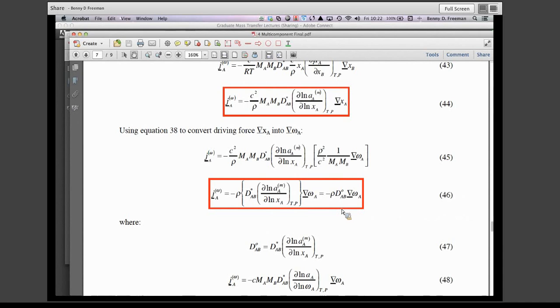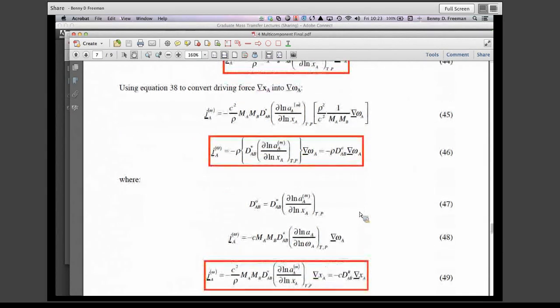What I'm mainly trying to show here is that the expression that we know and have used, that is Fick's first law, follows from this more generalized machinery for including effects of driving forces other than simply concentration difference. Also trying to make you aware of the fact that these diffusion coefficients, as we normally use them, do have a thermodynamic contribution to them.